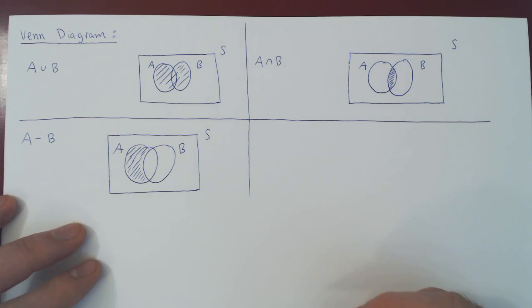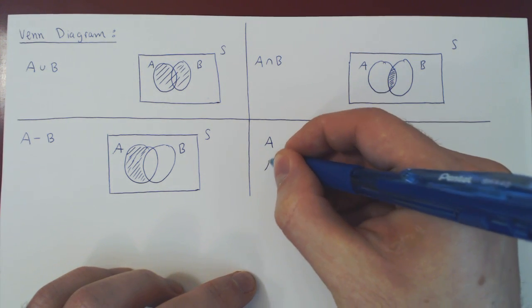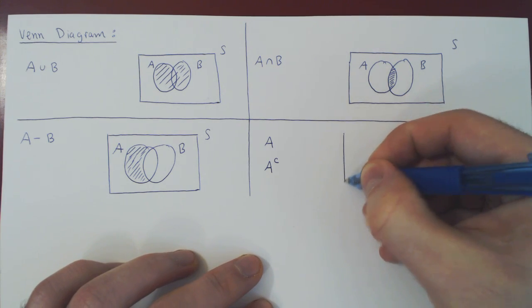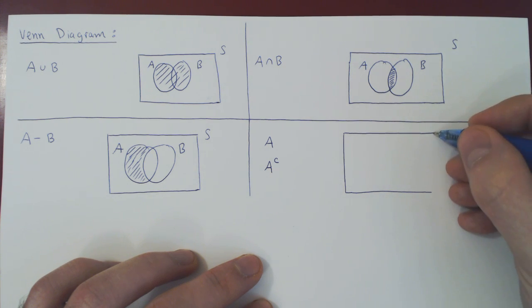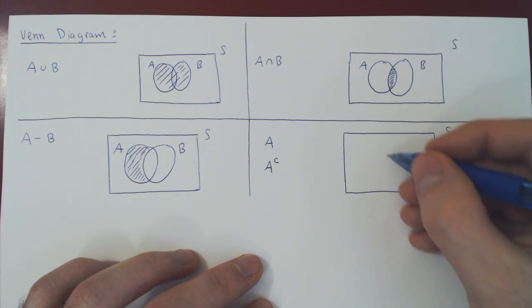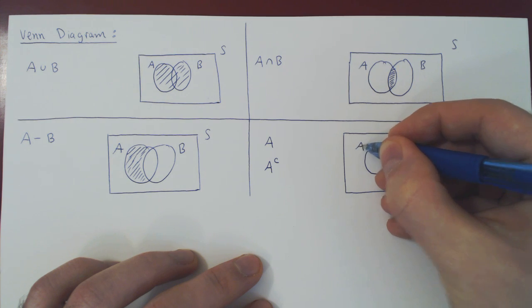What about the idea of the complement? If we have a set A, how can we view its complement in the Venn diagram? Well, we have our universal set S. A is a set or region in our Venn diagram.